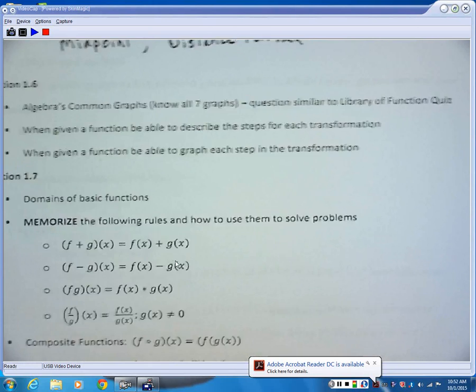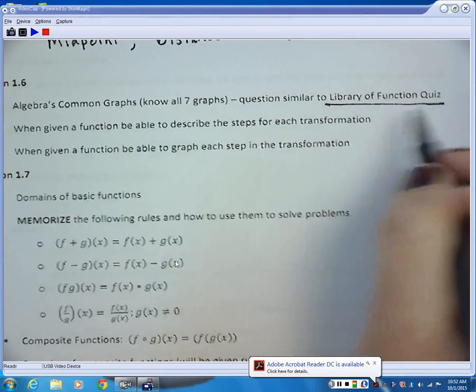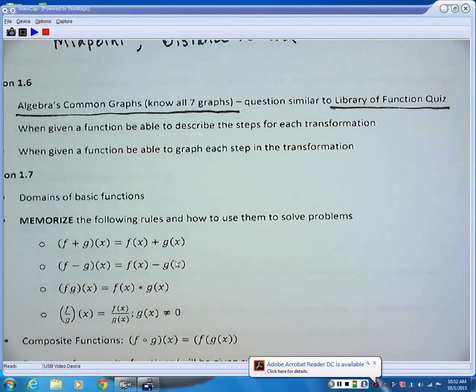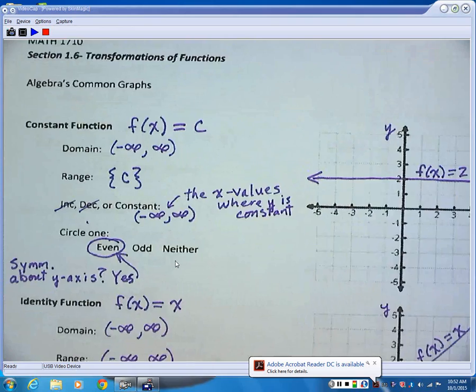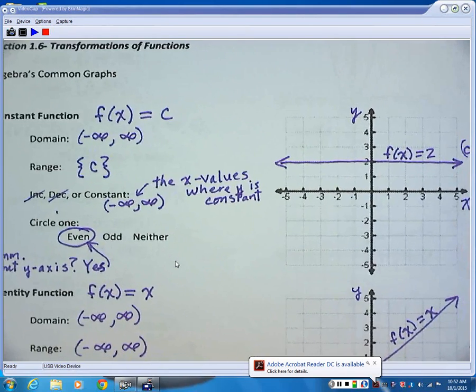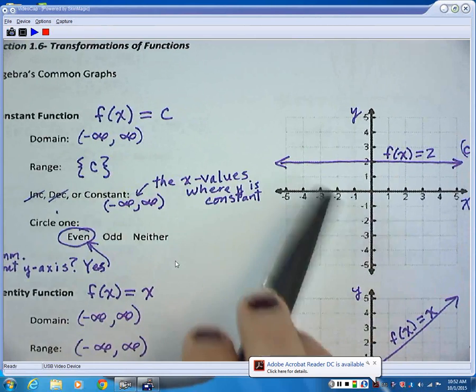Remember, I gave you back the Library of Functions quiz, but you need to know all 7 graphs, okay? I posted these notes on D2L filled in already, if you missed class. You need to be able to answer parts of this.